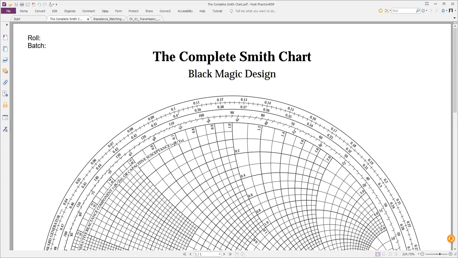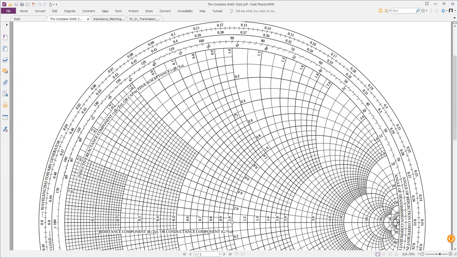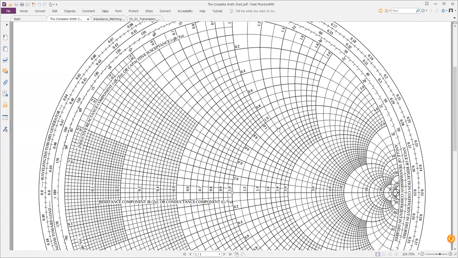That is our complete Smith chart. If you look at Google, then you can find it. Just search Google and write down in the search bar the Smith chart. Then you'll get this one. Okay. So what do we do using the Smith chart?